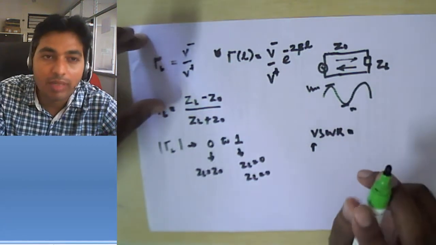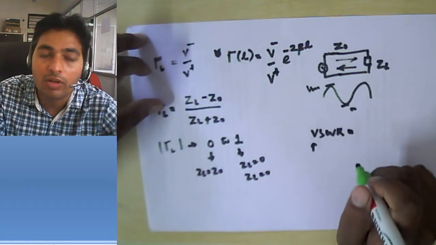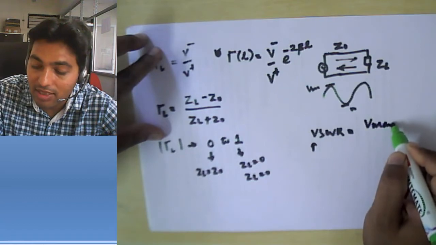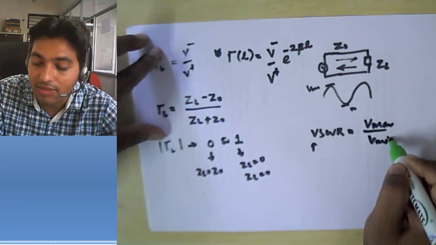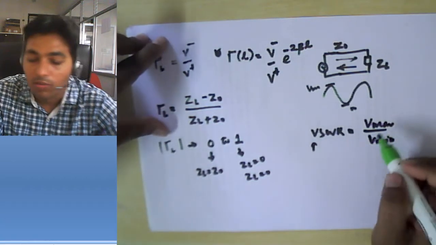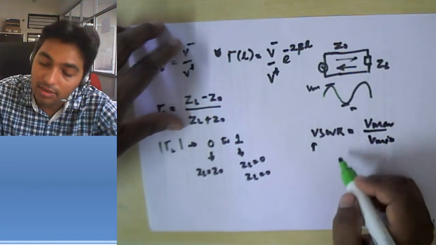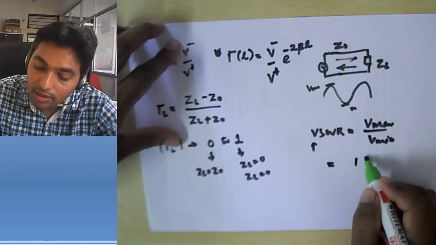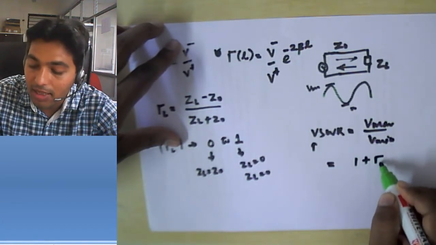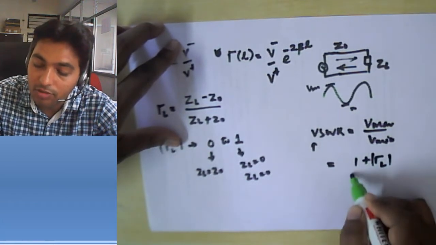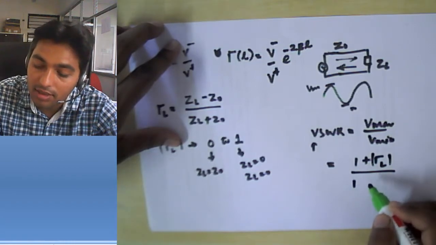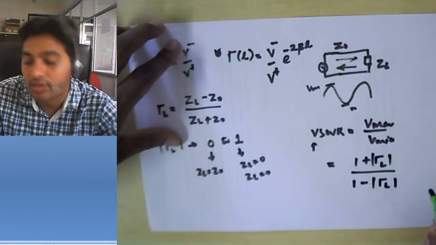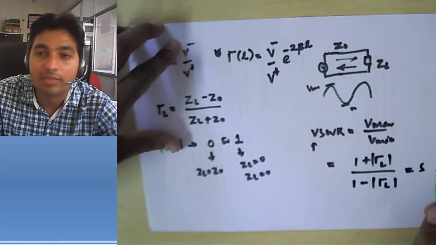The ratio of that maxima and minima is called the voltage standing wave ratio. So V max divided by V min is the VSWR, and we have derived that it is equal to 1 plus magnitude of reflection coefficient divided by 1 minus magnitude of reflection coefficient. So that was our VSWR.